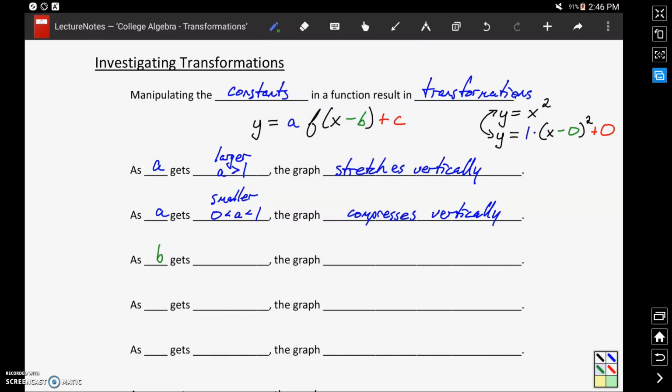As b gets larger, meaning b takes on some positive value, something larger than 0, we see our graph shift to the right. As b gets smaller, meaning as our value for b becomes negative, we see our graph shift to the left.